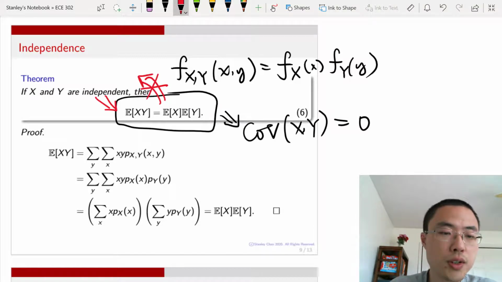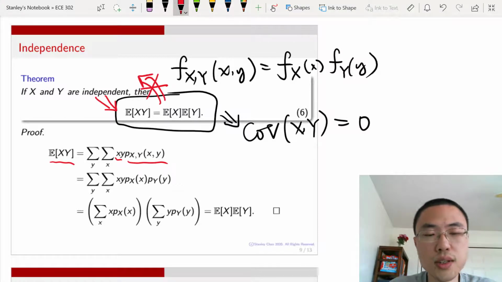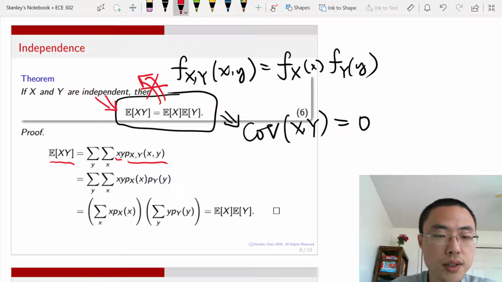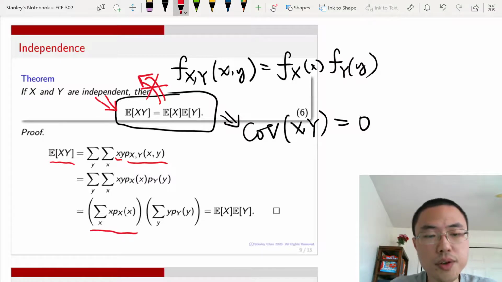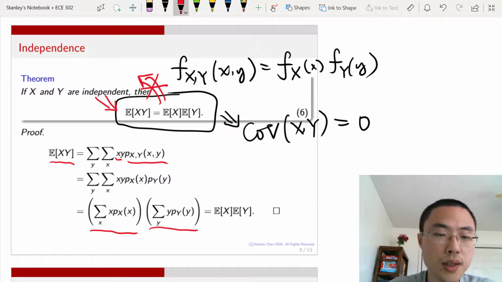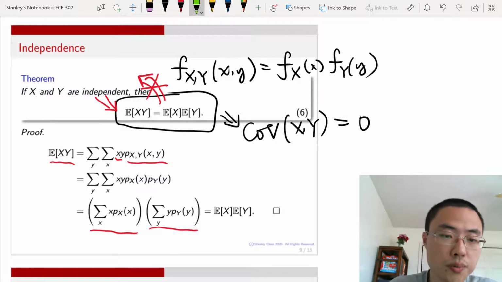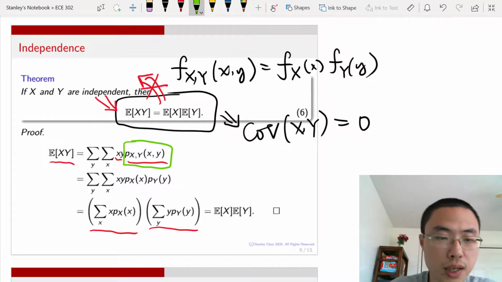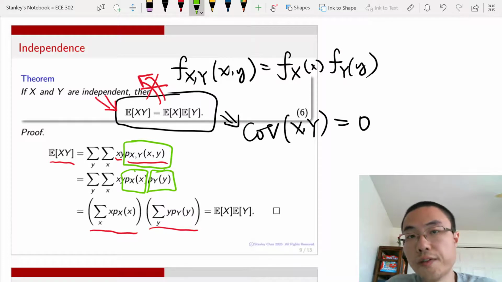You go with the joint expectation, which is xy times the PMF, and then you group them as a summation over x only and a summation over y only. How can you group them? This is because you can write the joint PMF as the product of individual PMFs.